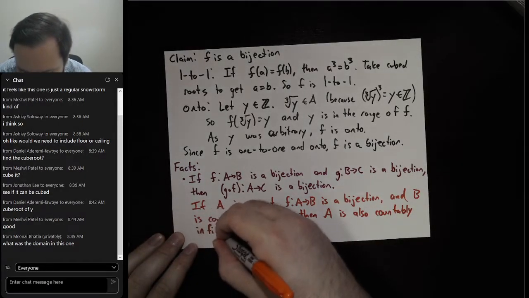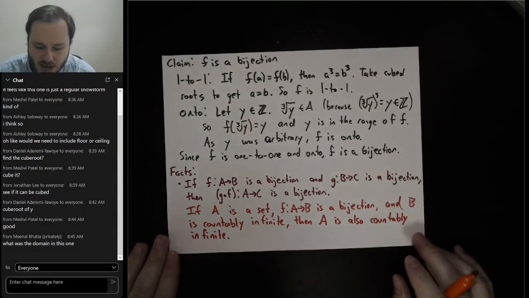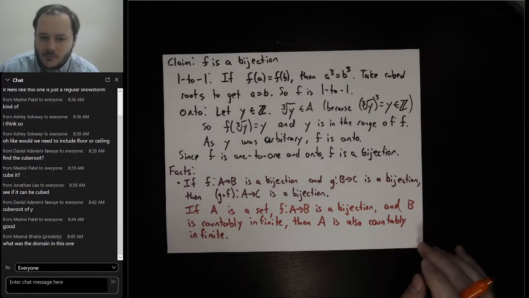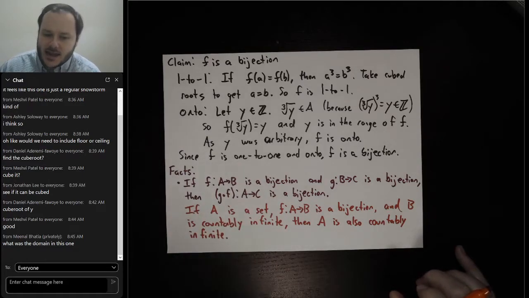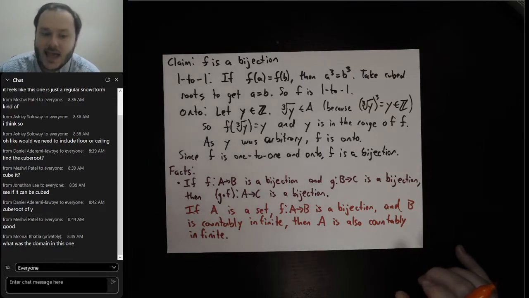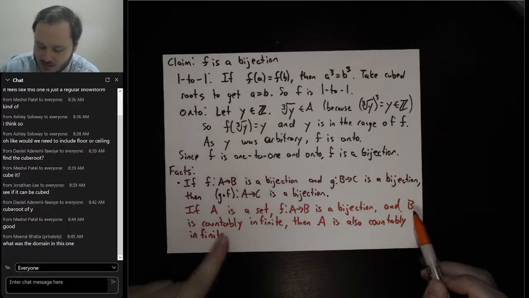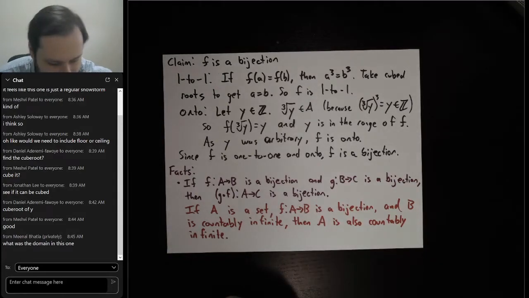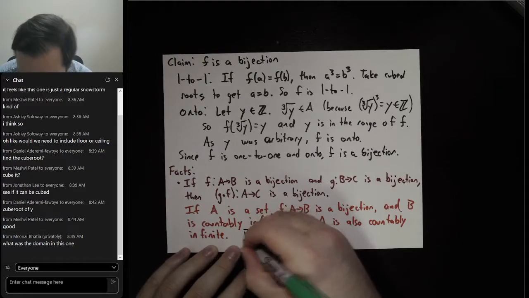So the definition of countably infinite is that you have a bijection to the integers, but in reality you just need a bijection with any countably infinite set, because B being countably infinite means, I'll write down a proof for this. Proof.